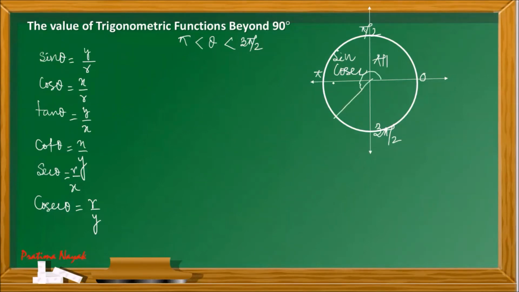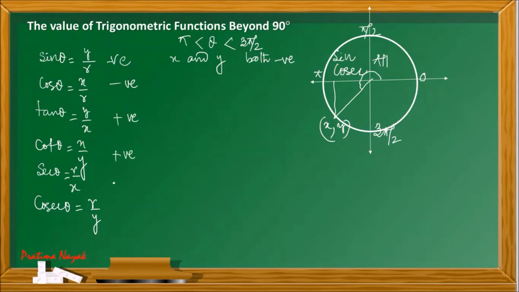In the third quadrant, you will see x and y are both negative. Sin theta is negative, cos theta is negative, tan theta will be positive because both are negative, cot theta is also positive, sec theta is negative and cosec theta is negative.